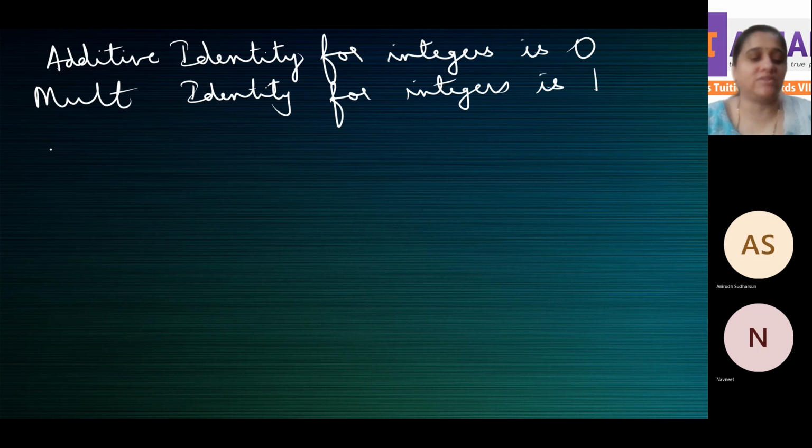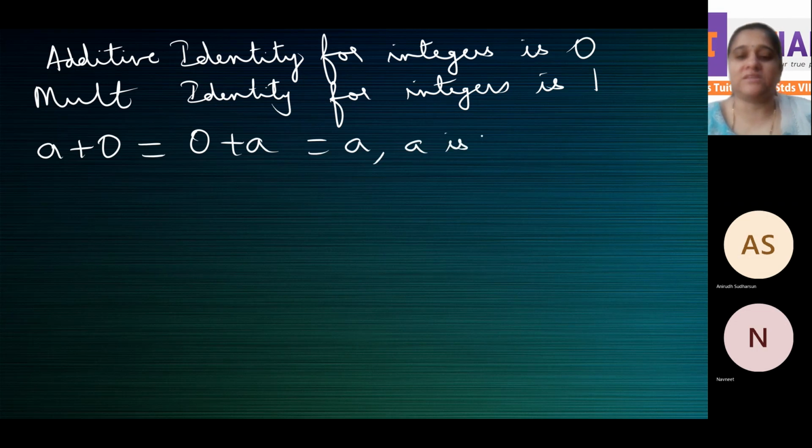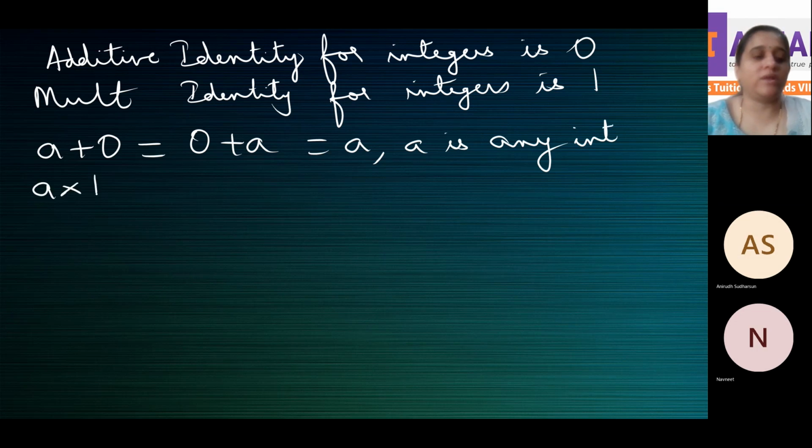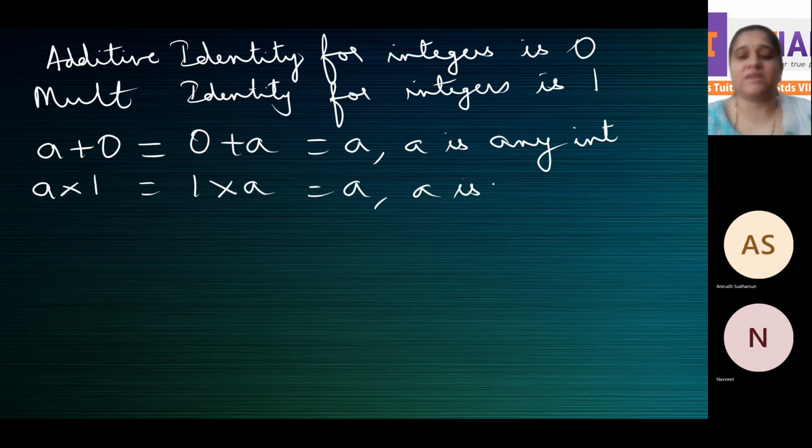You must know to write this. A plus 0 is the same as 0 plus a is equal to a, where a is any integer. And also a into 1 is equal to 1 into a is equal to a, where a is any integer. You must know to write this.